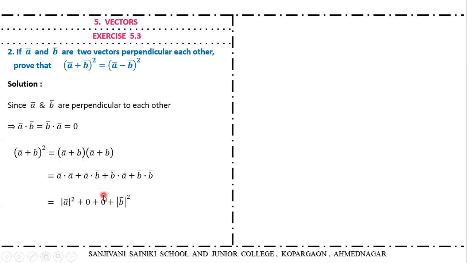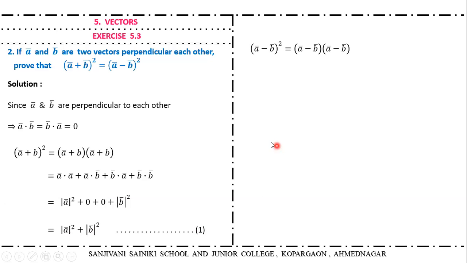After simplifying, a bar dot a bar is modulus of a bar square, and b bar dot b bar is modulus of b bar square, and these two middle terms are 0 because they are perpendicular to each other. So we will get a bar plus b bar bracket square is equal to modulus of a bar square plus modulus of b bar square. This is our equation number 1.